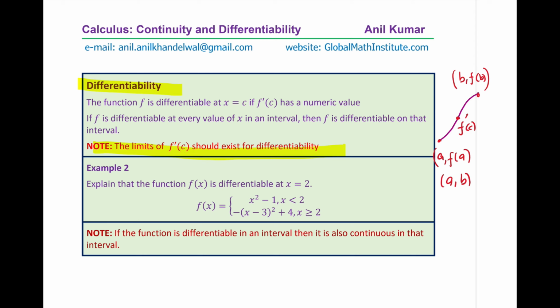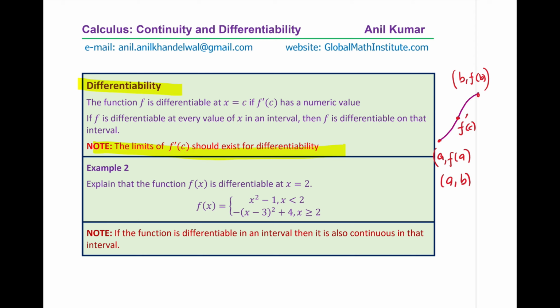So for this function, we already have seen that this is continuous, correct? So we are given the function f of x, let me rewrite, as x squared minus 1 when x is less than 2 and minus of x minus 3 whole square plus 4 when x is greater than or equal to 2.